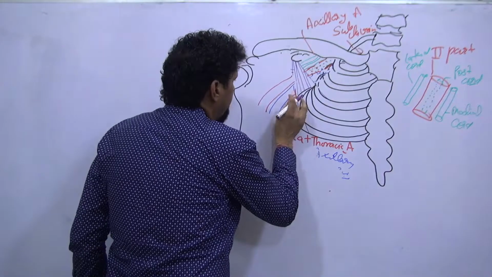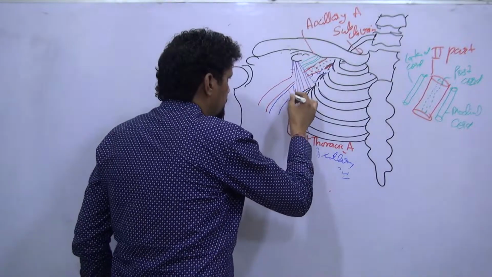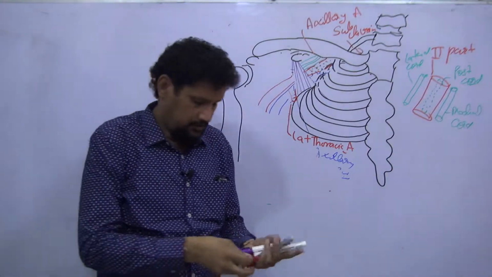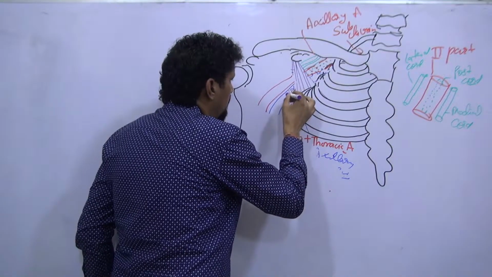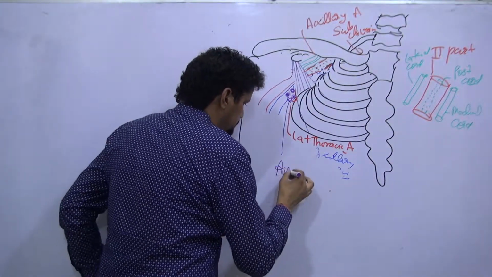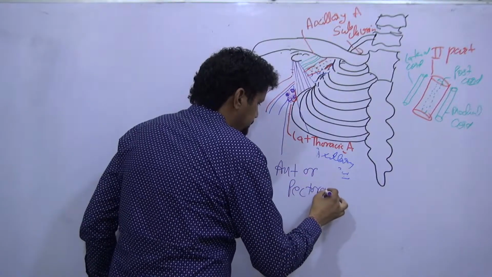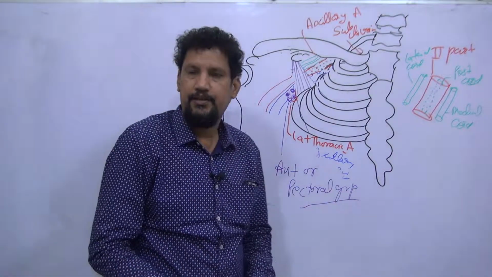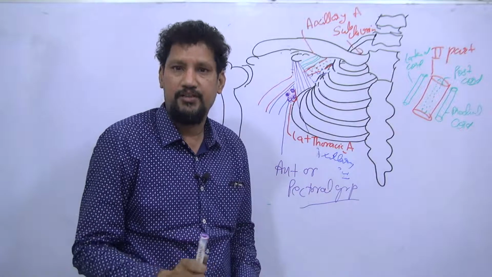So this part has the anterior or the pectoral group of lymph nodes, draining the lymph from the anterior wall of the trunk up to the umbilicus.